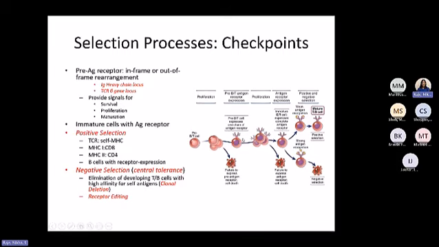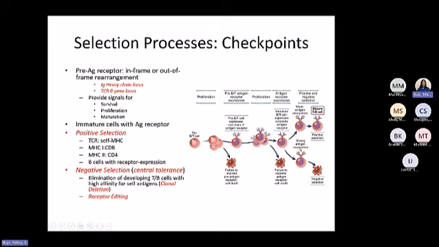Once the pre-B cell receptor or pre-T cell receptor expresses that chain on the surface of the cell, it's not a mature receptor, but a pre-cell receptor. It does so in the form of a single chain, and it associates with a surrogate light chain or surrogate chain. With that on the surface, these cells will undergo proliferation again.